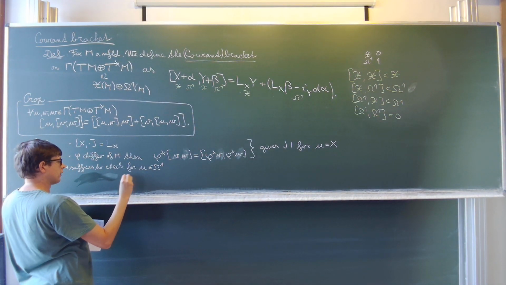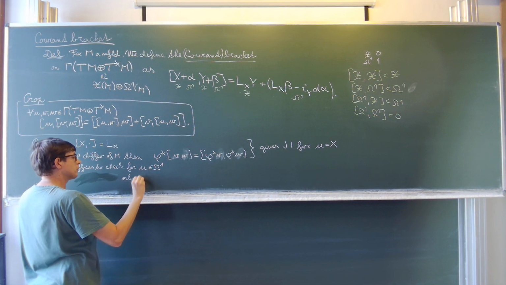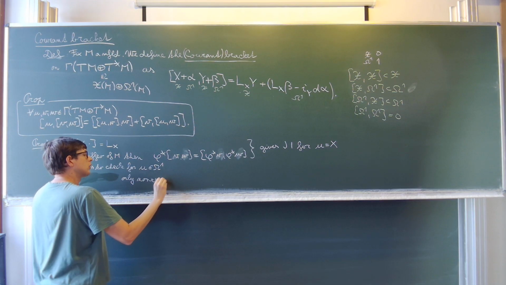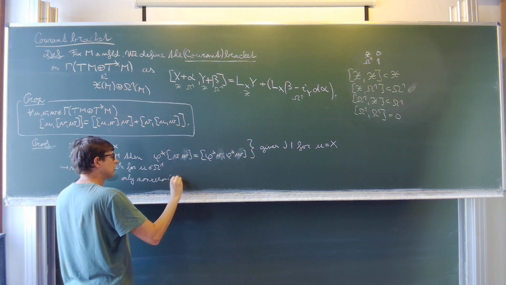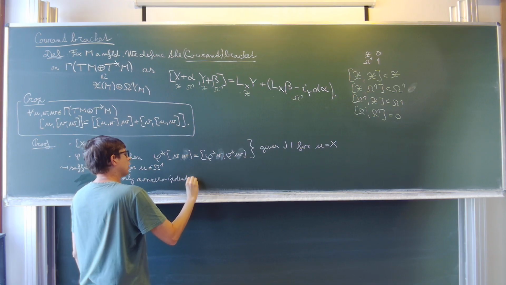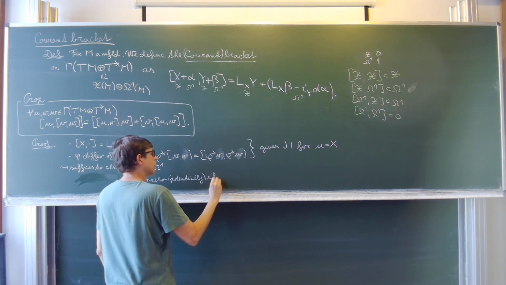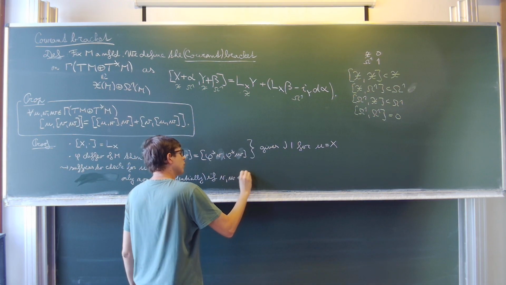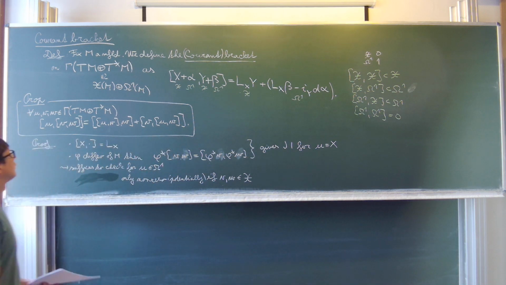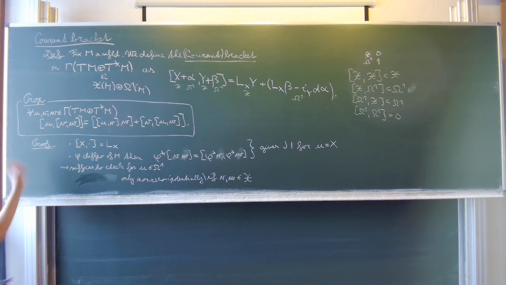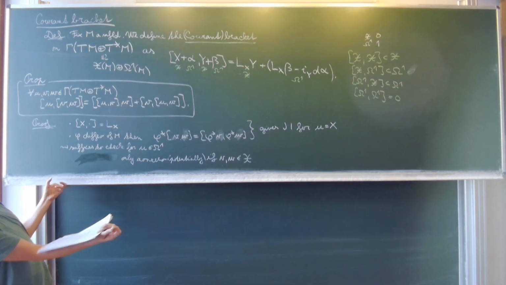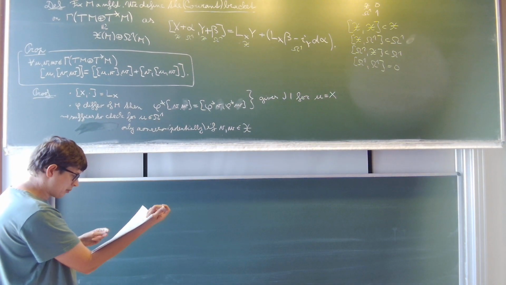So only potentially non-zero if V and W are both vector fields. Otherwise, the degree of this is just too large and both sides are 0. Okay, so we just have one case to check, and that's pretty easy.